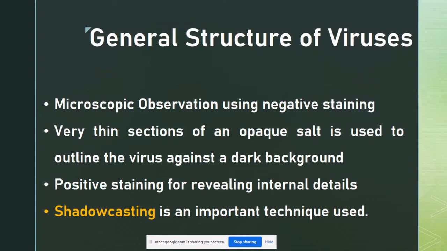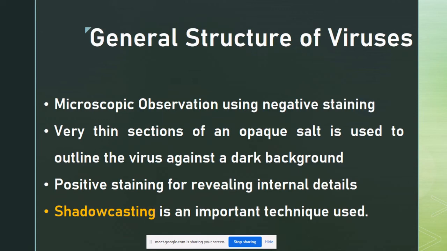Now coming to the general structure of viruses and observing it under a microscope. As I told you, we require electron microscopy to observe these kinds of structures. But we have two different methods. If you just have to observe the superficial outline of the virus, then we may use negative staining, as we do in bacterial cases.